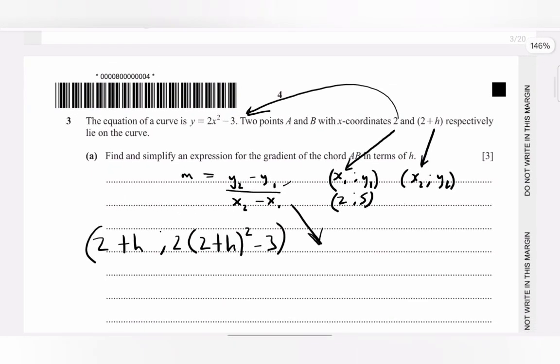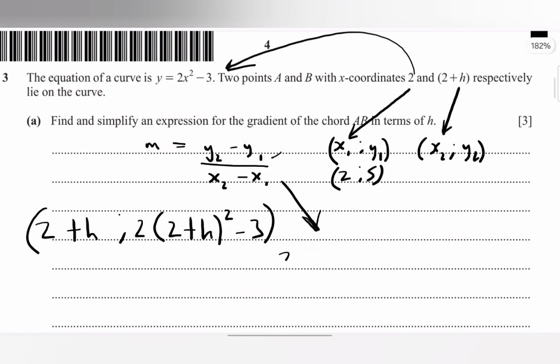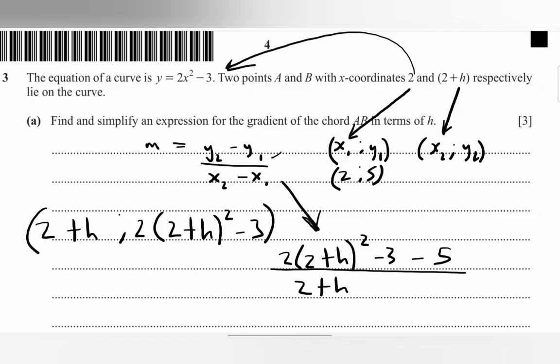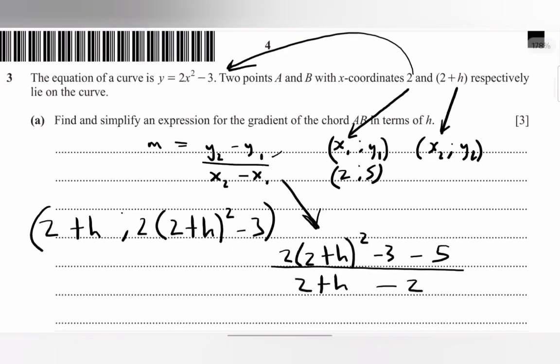And we're going to take it as it is to be our y coordinate, our y2. So now substituting into this, we get our y2, which is 2 plus h squared minus 3, minus our y1, which is 5, over our x2, which is 2 plus h, minus 2, like this.